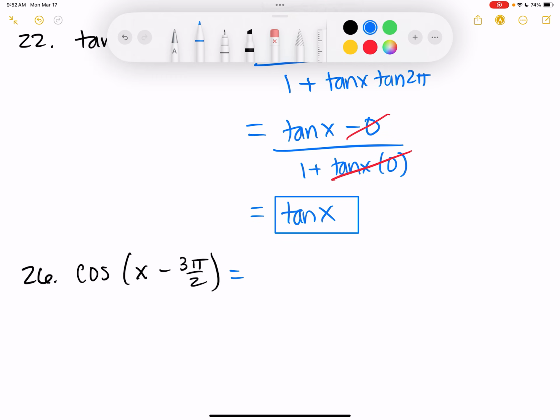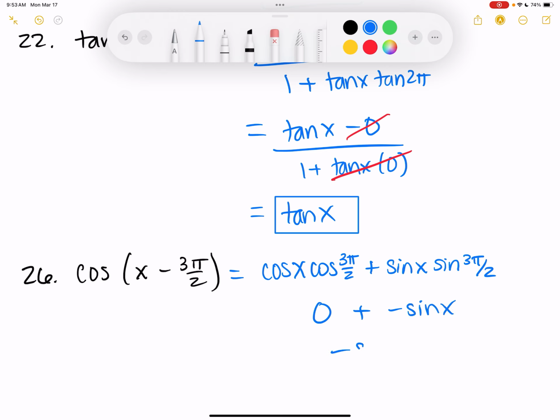Cosine x cosine 3 pi over 2 plus sine x sine 3 pi over 2. What is the cosine of 3 pi over 2? Unit circle. 0, so this just would be 0 here. And then what's the sine of 3 pi over 2? -1. So this would be negative sine x. So my answer is just negative sine of x.